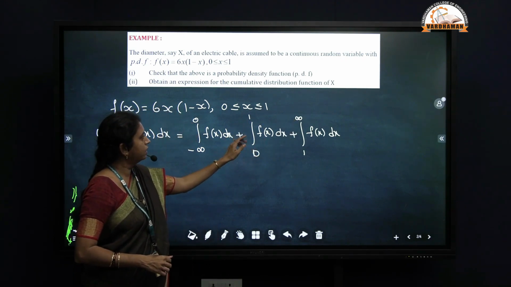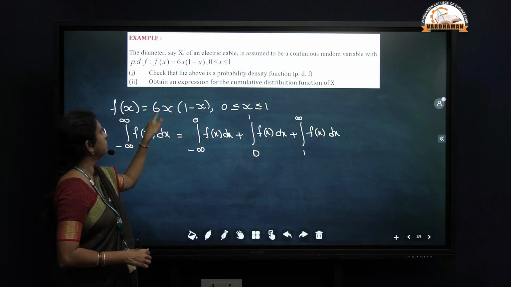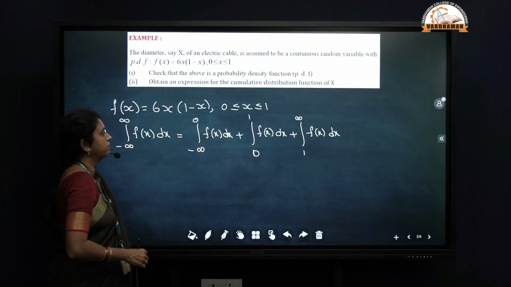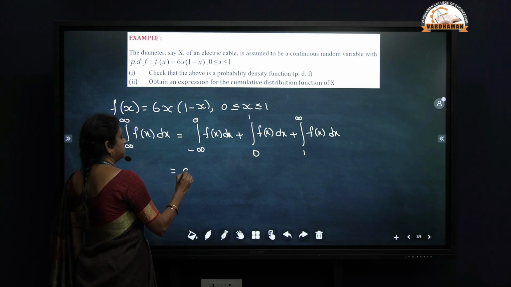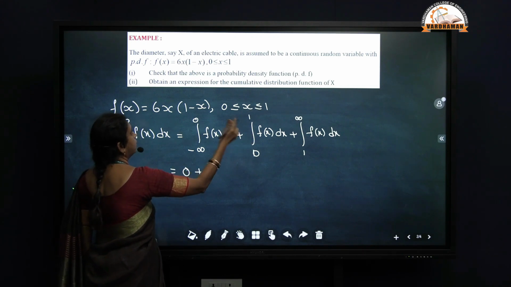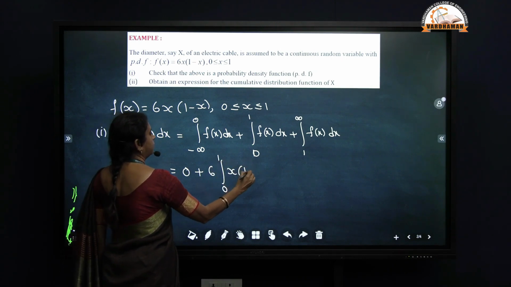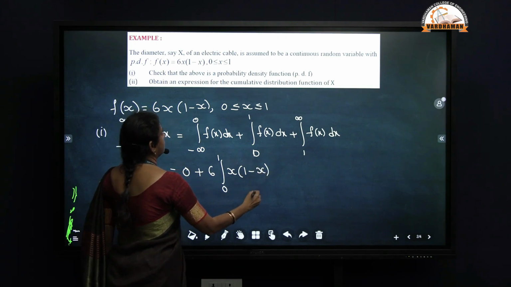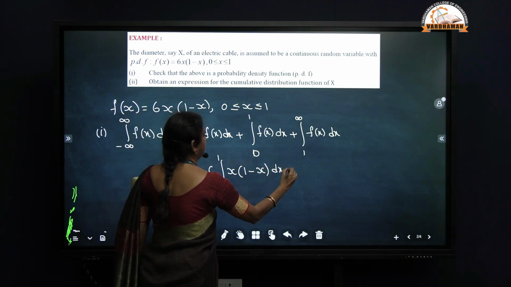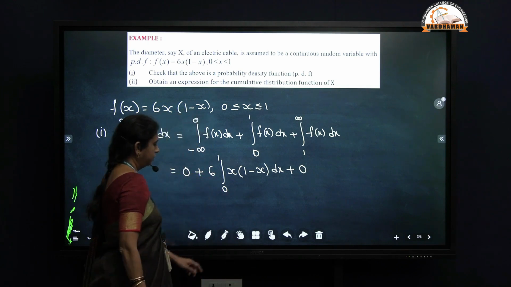In between 0 and 1 the function is defined, the remaining values will be 0. So this is equal to 0 plus, I will write f(x), so 6 I will write outside, the integral from 0 to 1 of x into (1 minus x) dx, plus 0.